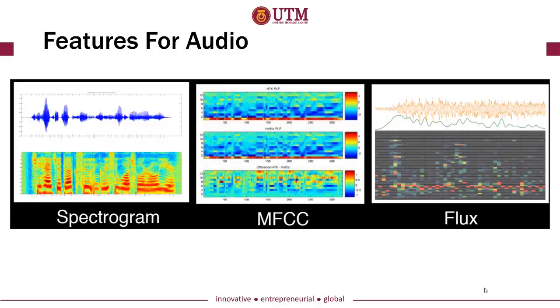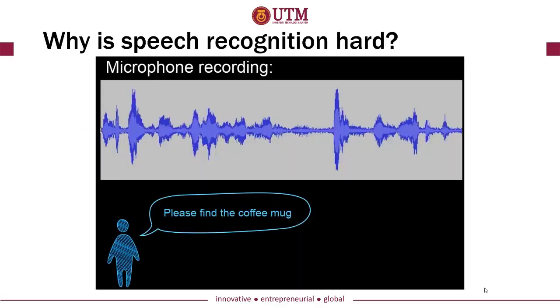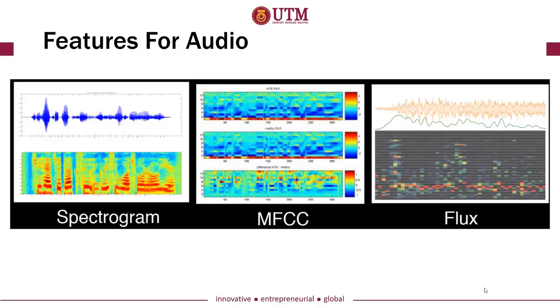Even among one-dimensional signals, such as speech processing, if you compare with ECG or EEG, they each have their own feature extraction approach. Among one-dimensional signals there are also different approaches in extracting features.